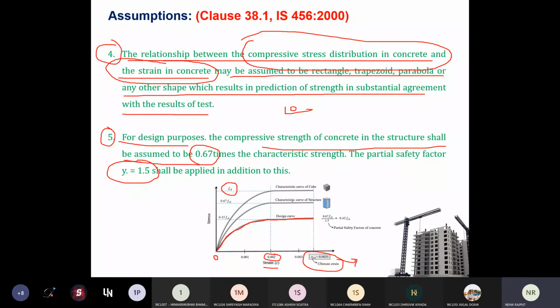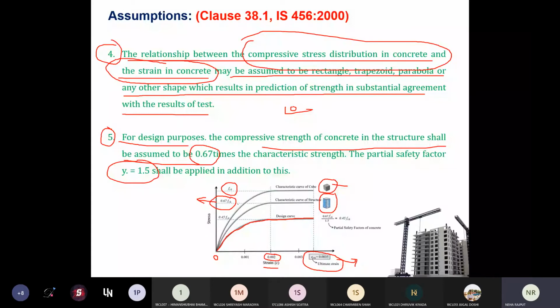Then on site, due to the variation in sectional property and some other atmospheric variation, and some error in the mixture, the achievable strength on site is 0.67 FCK only, right? So that is called the characteristic curve of the design, or achievable characteristic strength.